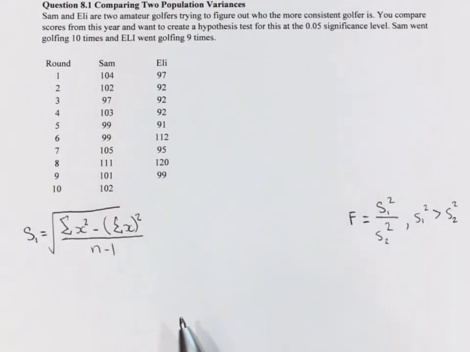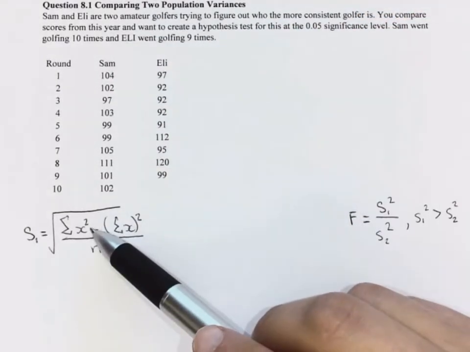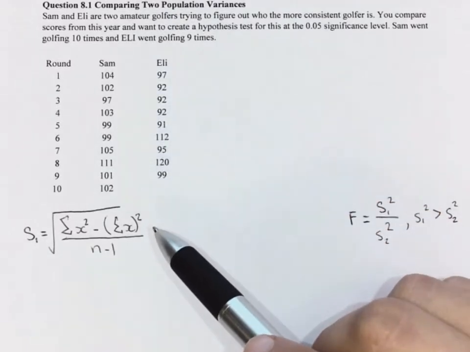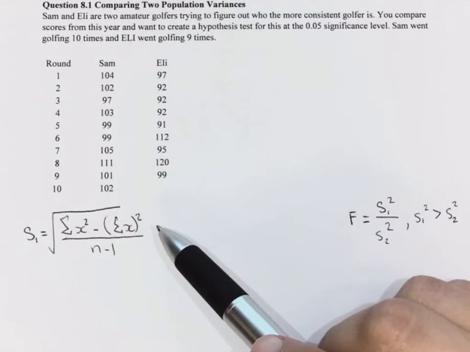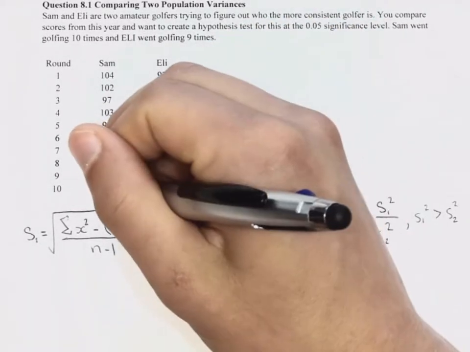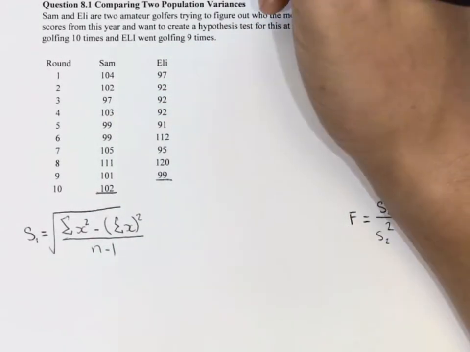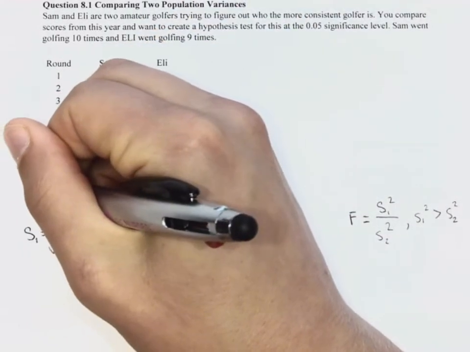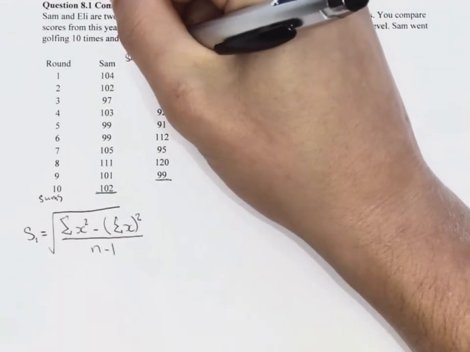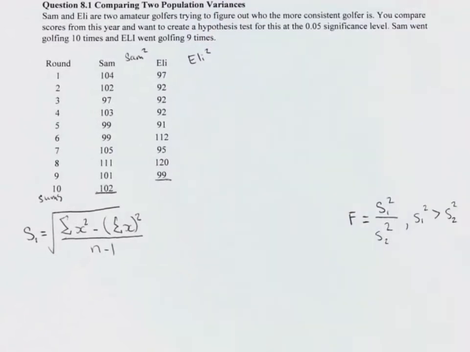As you can see here, we need the sum of the observations squared, and we're also going to need just the sum of the observations. So why don't we just set up a chart here. We'll get the sums or the totals, and we'll go Sam squared and Eli squared there.